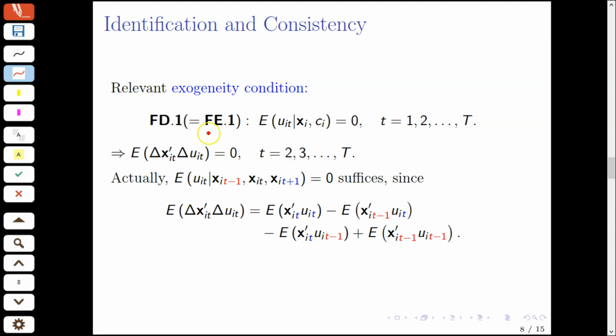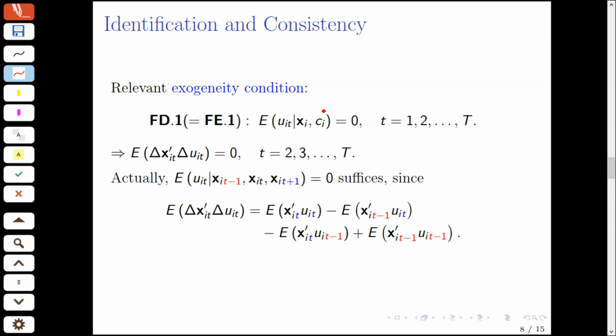This assumption, which we'll denote assumption FD1 for the first difference assumption, is exactly FE1, the first fixed effects assumption. It states that the conditional mean of the u_it in any period, conditioning on the x_it from all periods as well as the individual effect, is equal to 0.